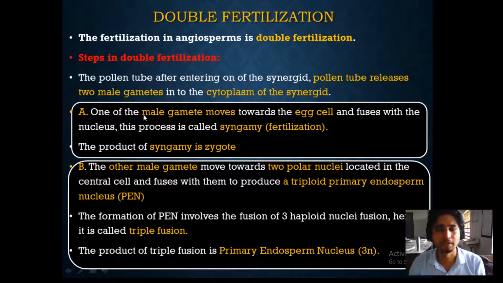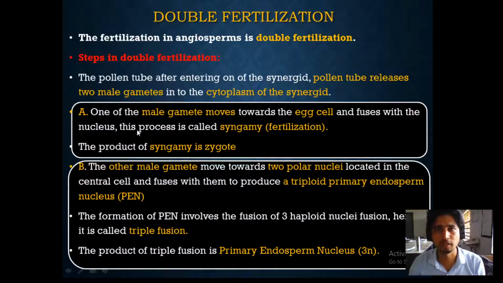The first male gamete moves towards the egg cell. We know the egg cell is present in the egg apparatus along with the synergid cells. Remember that in the egg apparatus there are three cells: two synergid cells and one egg cell. This male gamete moves towards the egg cell and fuses with the nucleus of the egg cell.